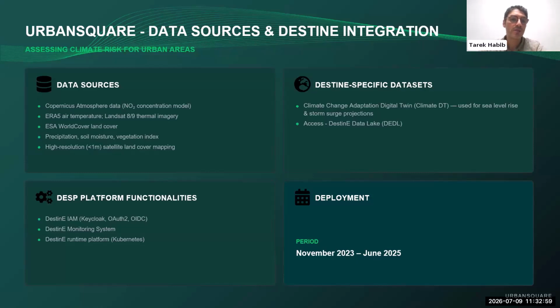Data sources comprise Copernicus datasets, including ERA5, for example, but also atmosphere datasets, the ESA WorldCover land cover, that's also quite important for Urban Square, precipitation, soil moisture, vegetation index, and finally high-resolution satellite land cover mapping generated for the demonstration sites that we have.